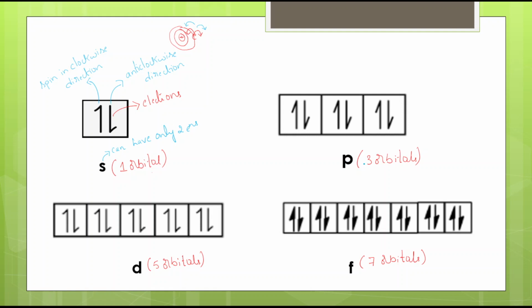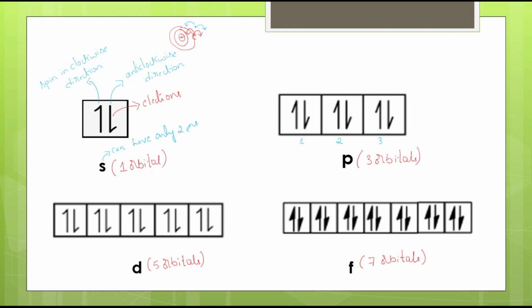So the P subshell consists of 3 orbitals. So this is the first orbital, second orbital, and this is the third orbital. Each orbital consists of two electrons. One is spinning in the clockwise, another one spinning in the anti-clockwise.